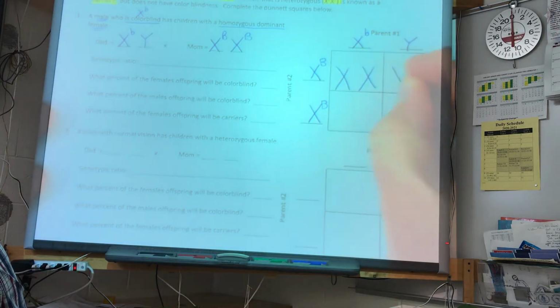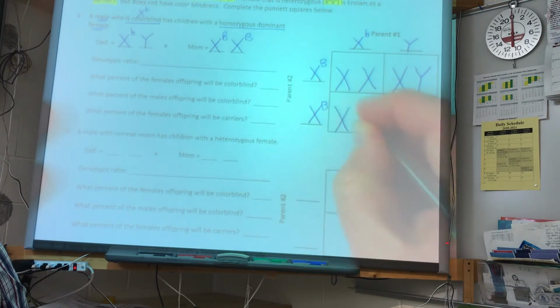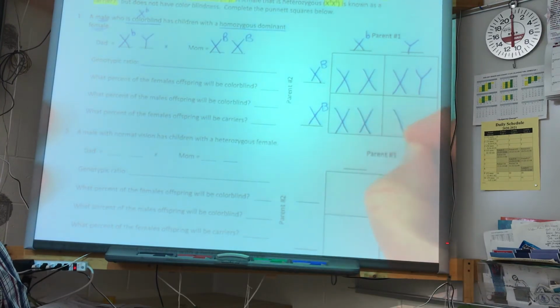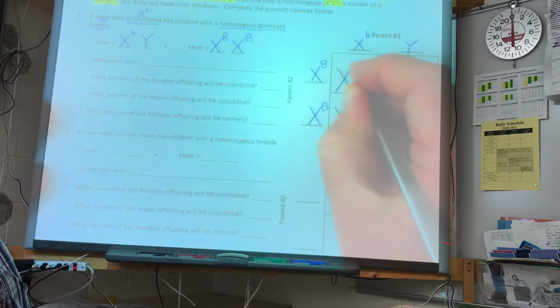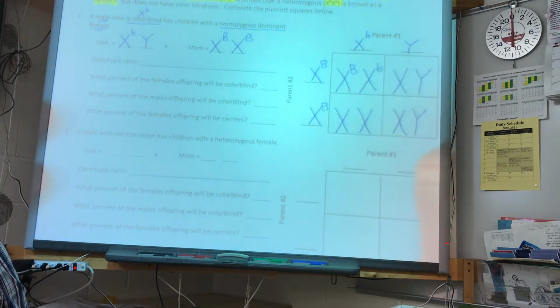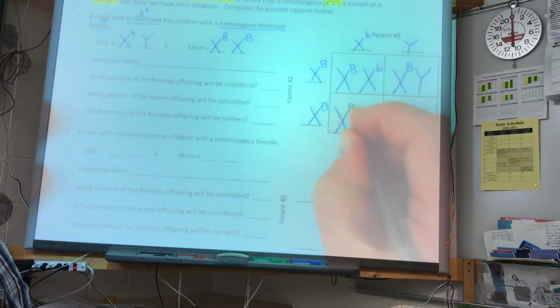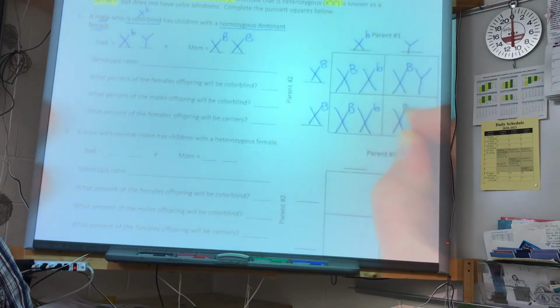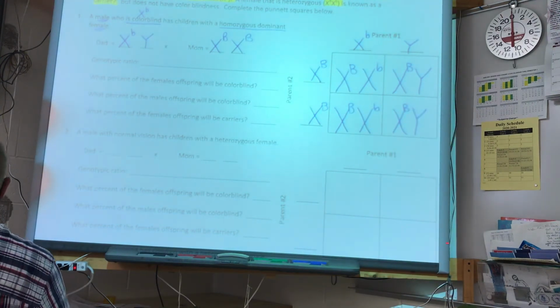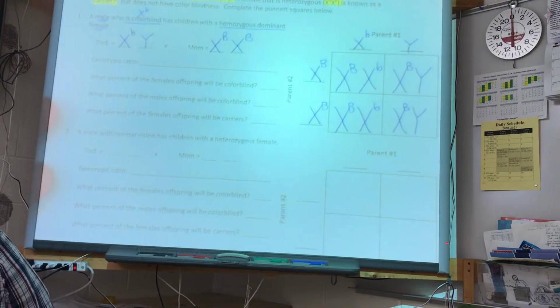So for these Punnett squares, I would start by doing the sex chromosomes first. Statistically, 50% of the outcomes are going to be males and 50% are going to be females. And then we attach the B's, and they are carried on the X chromosomes only. Notice how we have never written anything on the Y chromosome, because there isn't an allele on the Y chromosome.